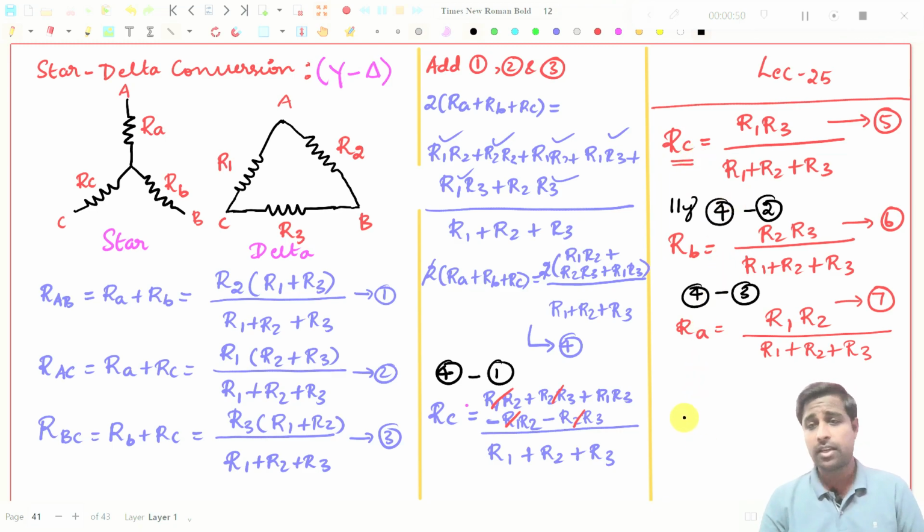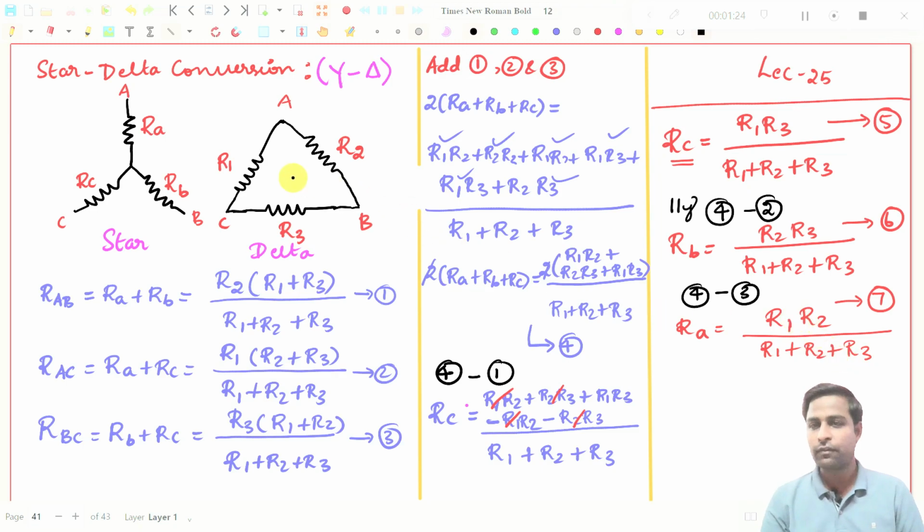The ultimate aim is to get RA in terms of R1, R2, R3, and RB and RC in terms of R1, R2, R3. That is what we got in expressions 5, 6, 7. If they have given you a delta connection with R1, R2, R3, how can you find the equivalent star connection? RA is equal to R1 R2 divided by R1 plus R2 plus R3.